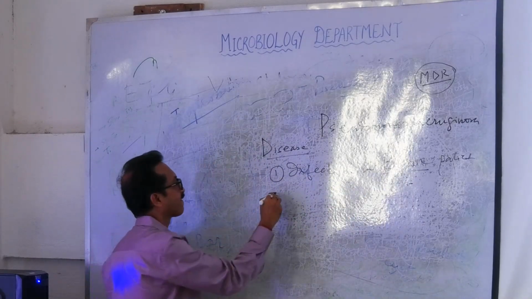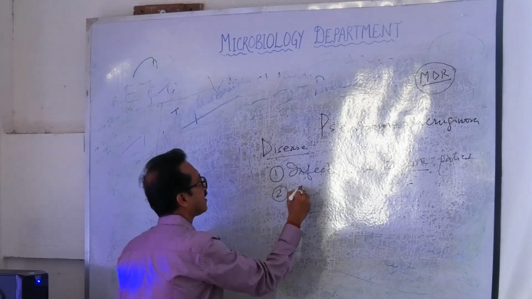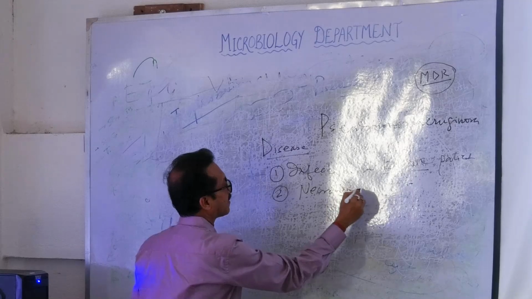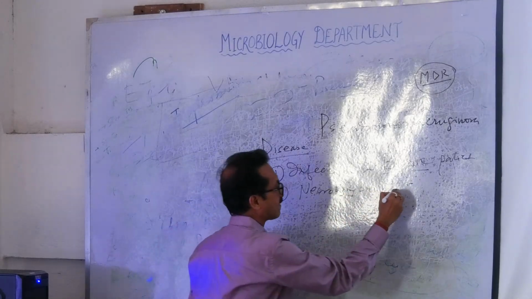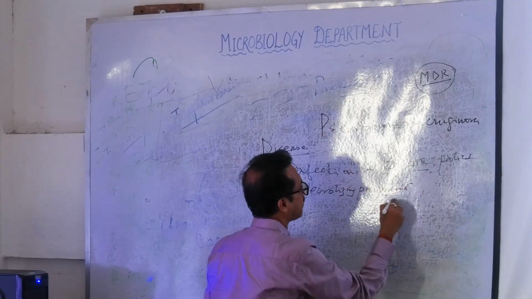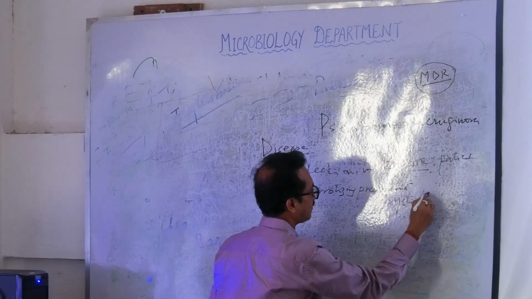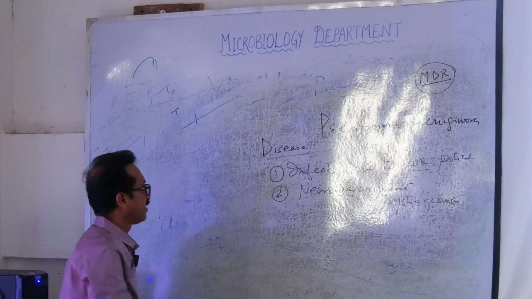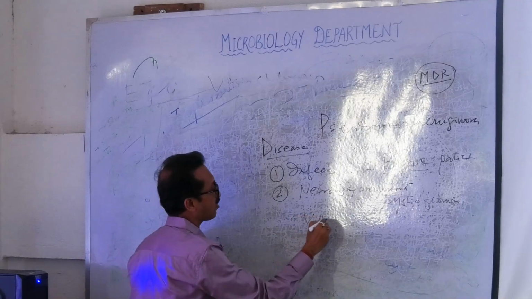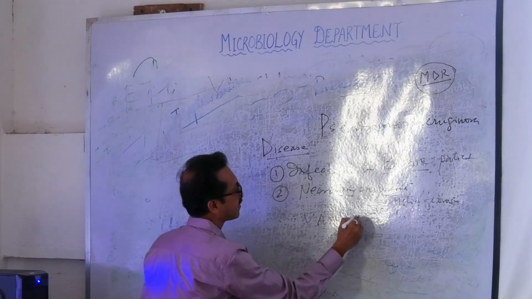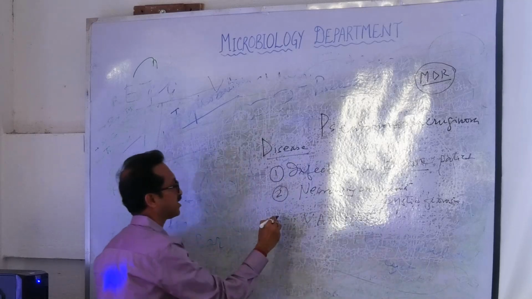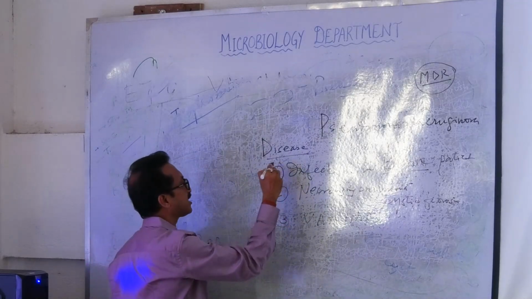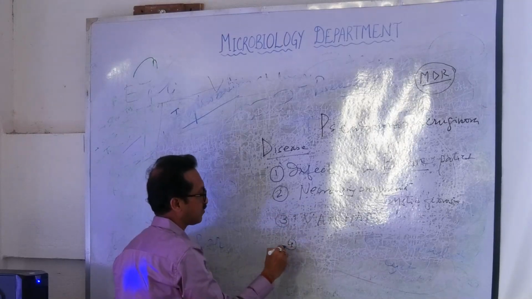Second, necrotizing pneumonia in cystic fibrosis. What else? Ventilator associated pneumonia or hospital acquired pneumonia in hospitalized patients. In these cases there can be bacteremia also.